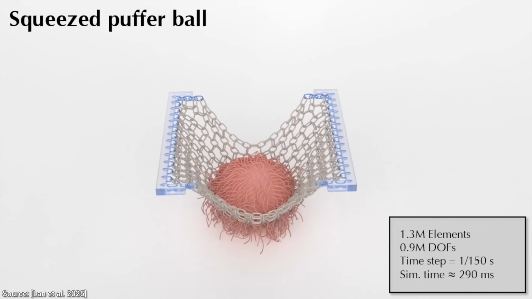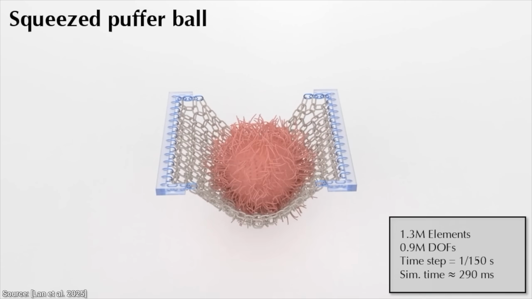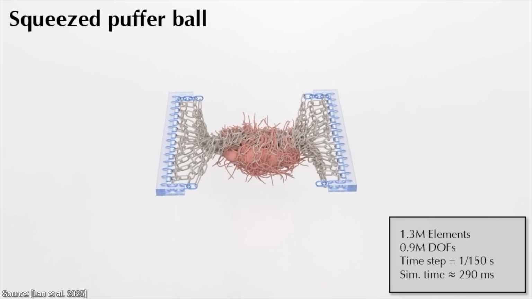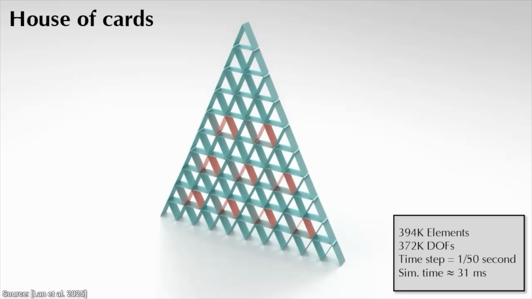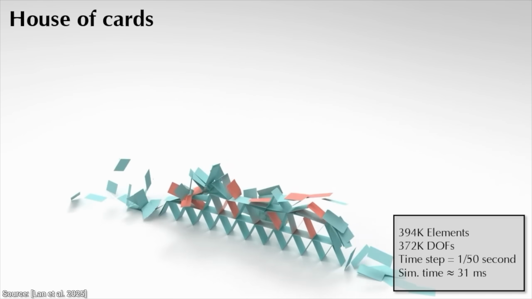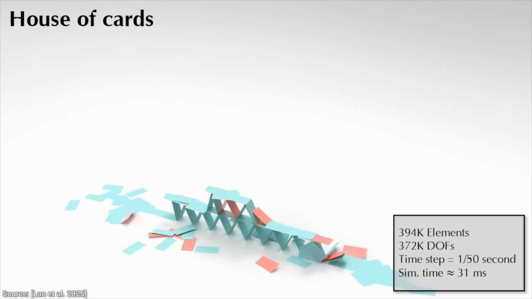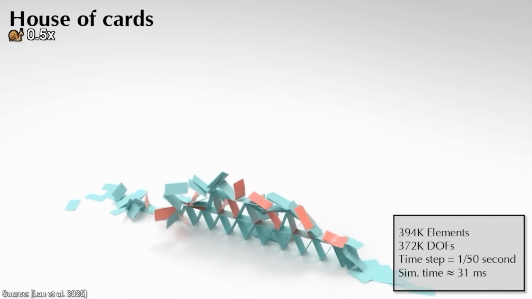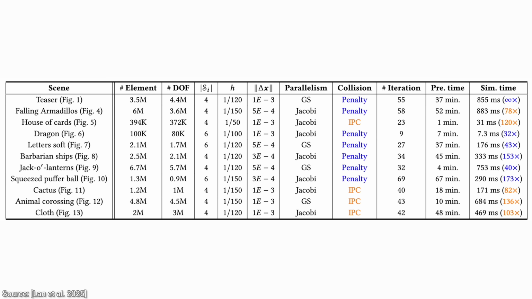Well, for one thing, get this. This is about 30 to 170 times faster than VBD. What? That is insanely fast. For a house of cards, it can also do 30 frames per second. For a simulation with about 400,000 elements, that is incredible. Wow. But it gets better.